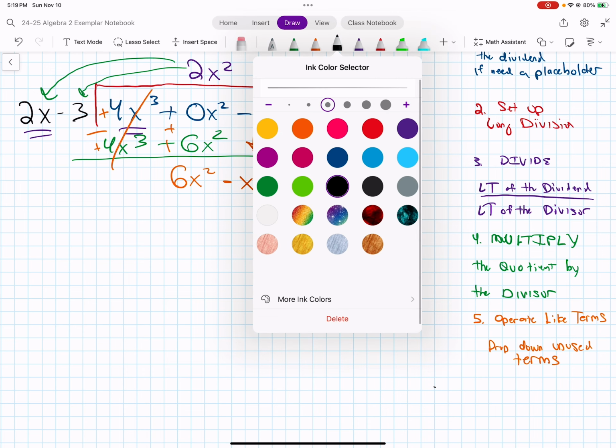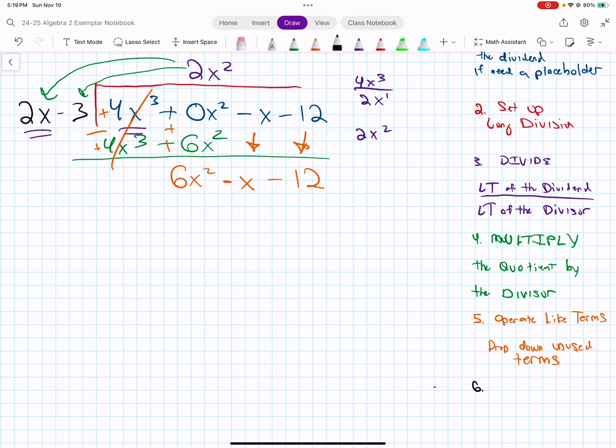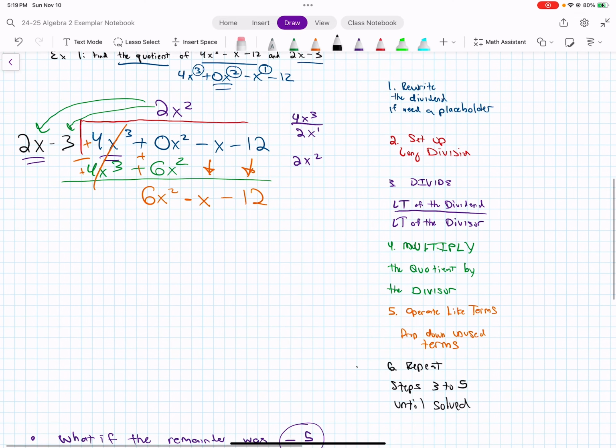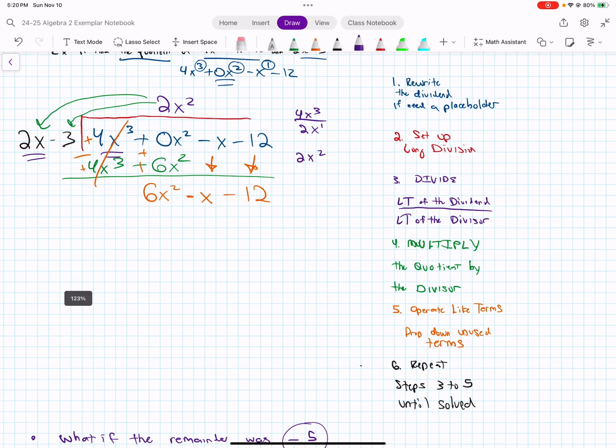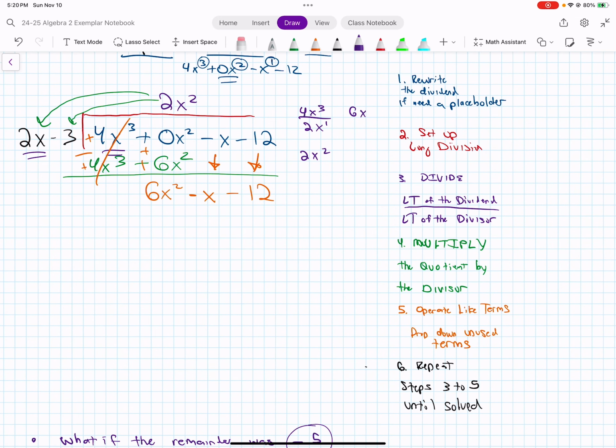And now step 6, repeat steps 3 to 5 until solved. So now I have 6x squared divided by 2x. 6 divided by 2 is going to be 3.